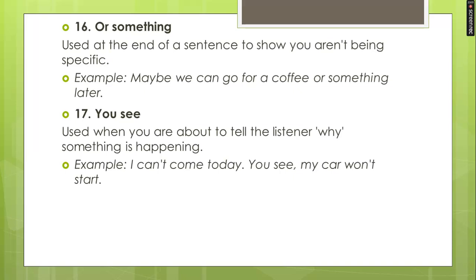I can't make it today, you see, my baby is sick. I won't give you that money again, you see, these days I'm very, very broke.